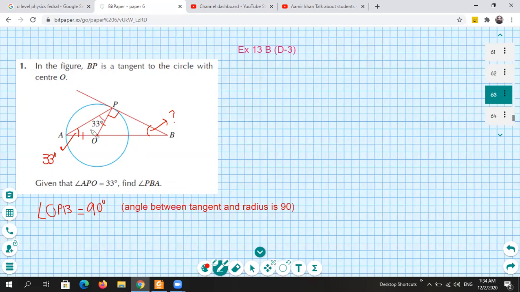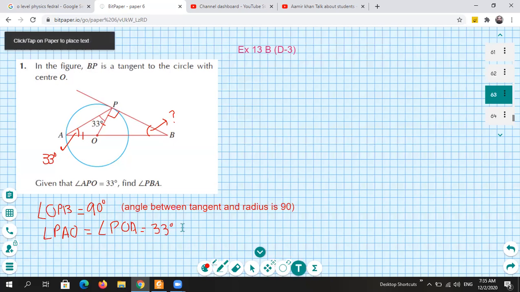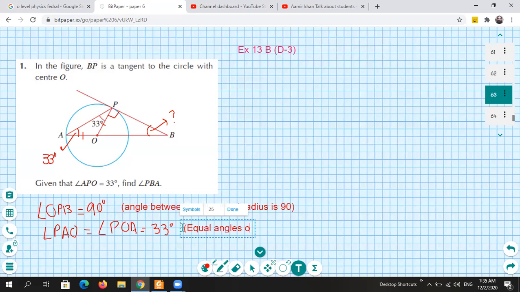And the second one is angle PAO, and it is equal to angle APO, so equal to 33 degrees. The reason is equal angles of an isosceles triangle.